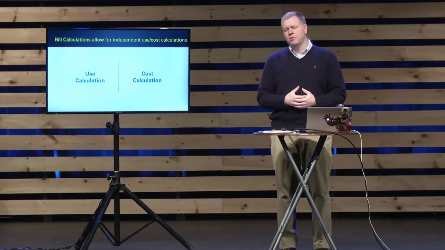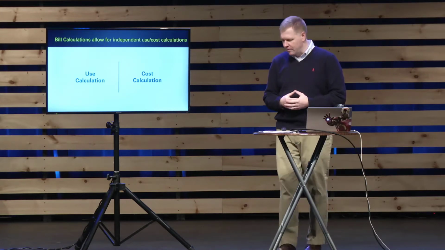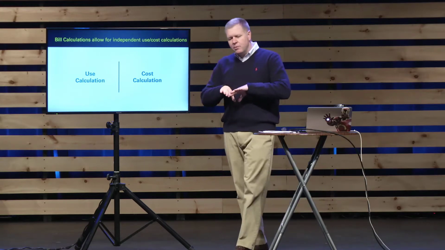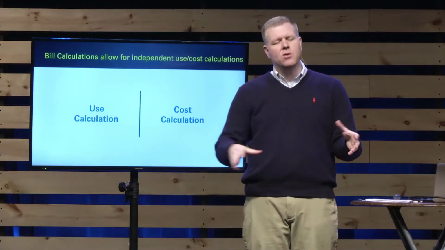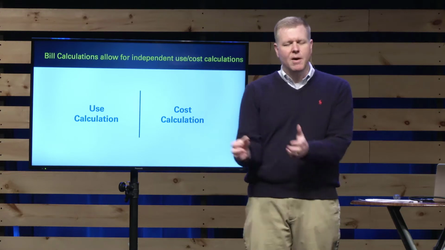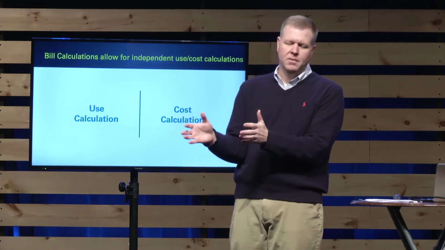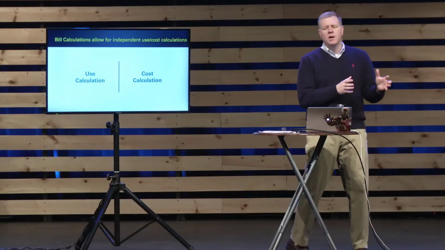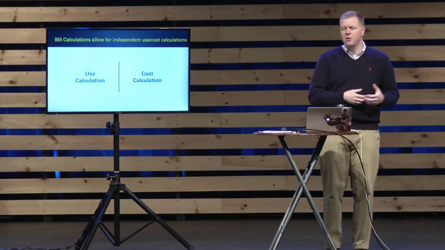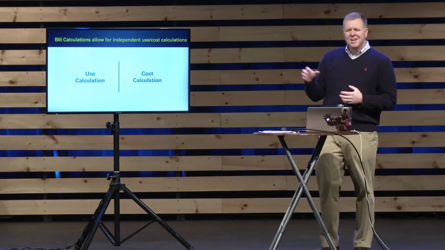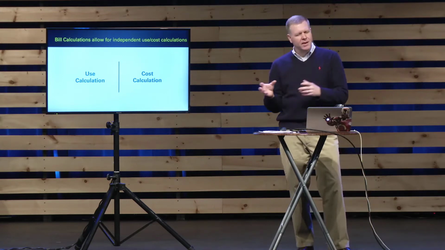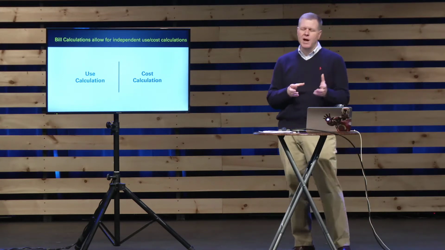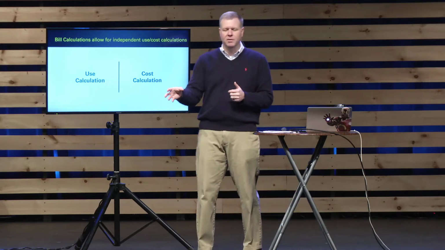As we went through the process of designing chargebacks in version 7, one of the things that we did is we separated the way you calculate use from the way you calculate cost. So for some people, they'd say, I have a submeter that I can use to generate my usage information. But I really can't apply a rate to that because maybe I have a contractual agreement with a particular department.